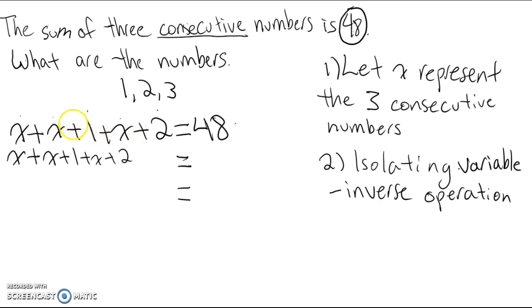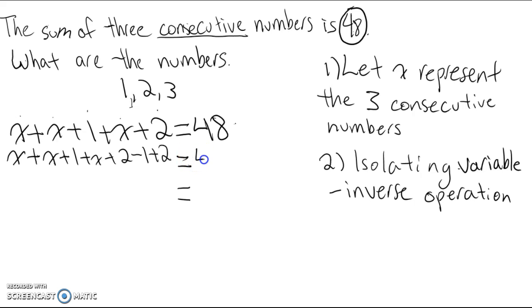So the opposite of positive 1 is negative 1. So we write negative 1 right here, and there's another number. The opposite of positive 2 is negative 2. So we put negative 2 right here. That just basically cancels out this positive 1 and this positive 2.